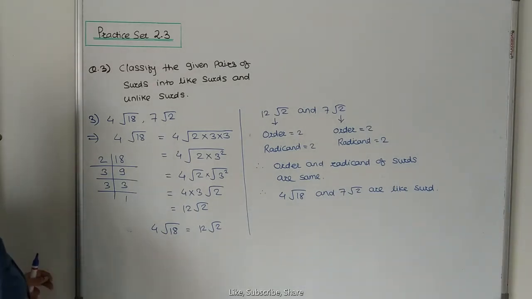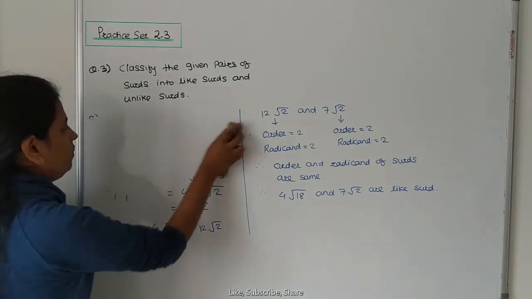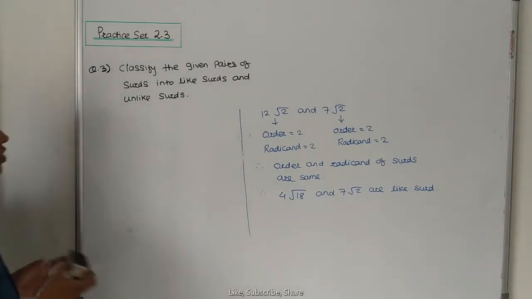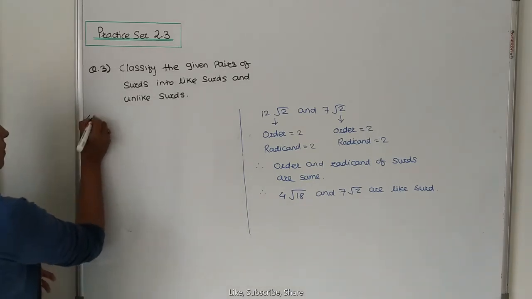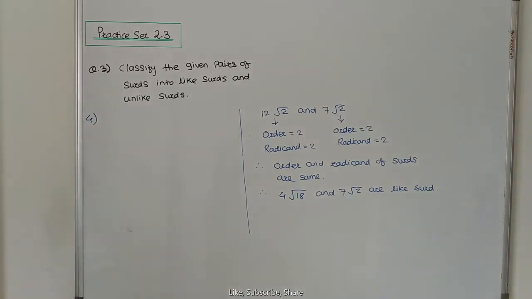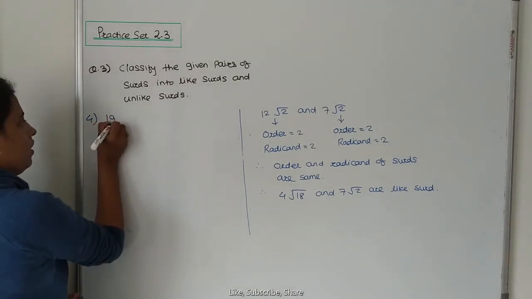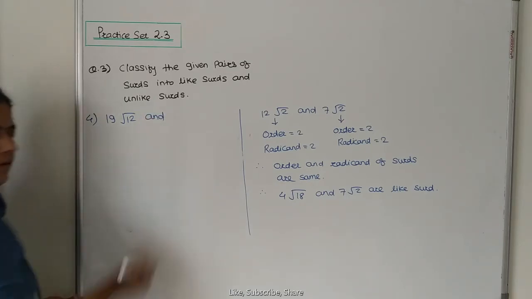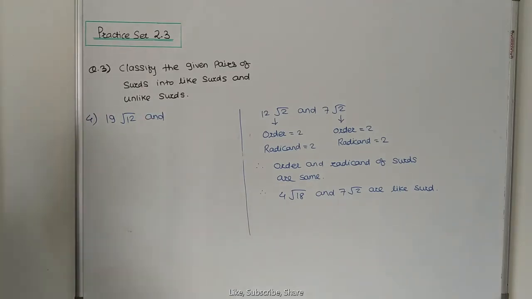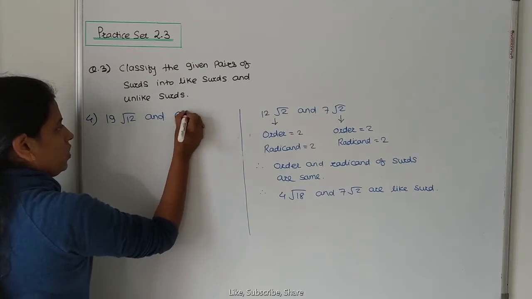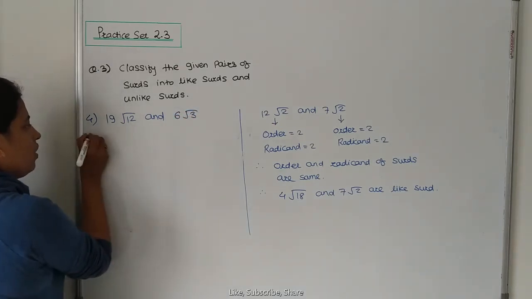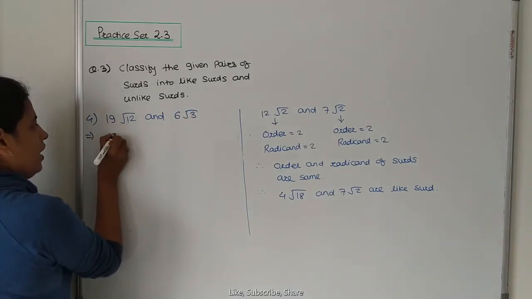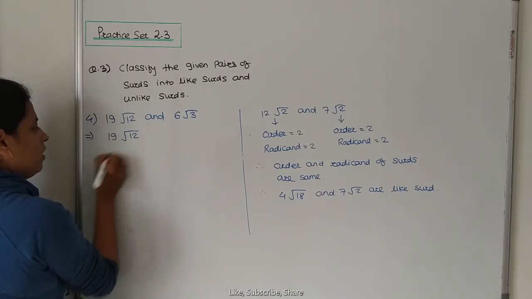Now, next fourth question. If you want to write this, take the screenshot of it. So, fourth one, that is 19 root 12 and 6 root 3. So for this one we have to factorize this 12. 19 root 12.